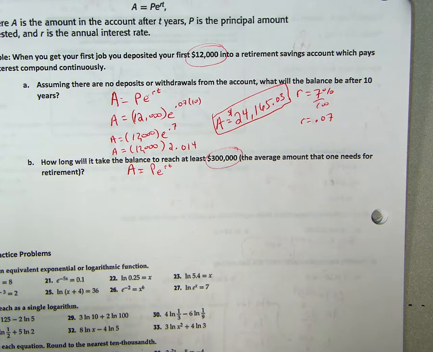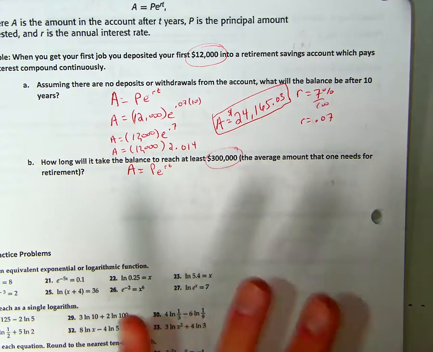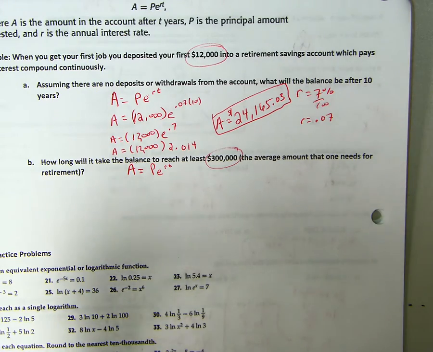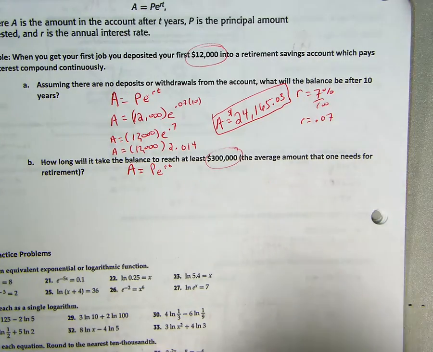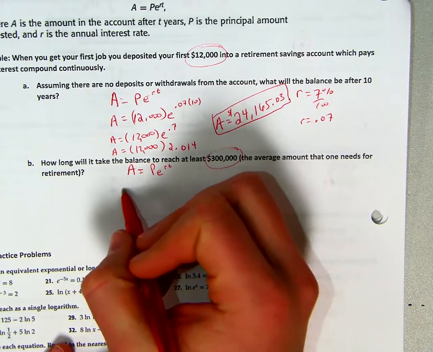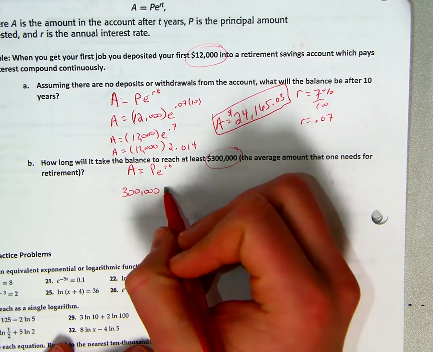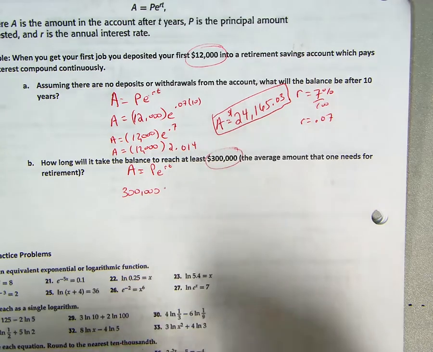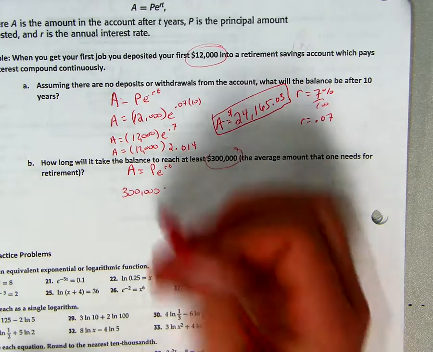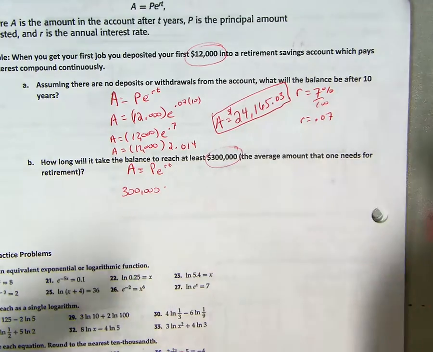That's what they told me at the meeting, I guess. So they're asking me, when I reach 300,000, how many years will that be? So A is 300,000.